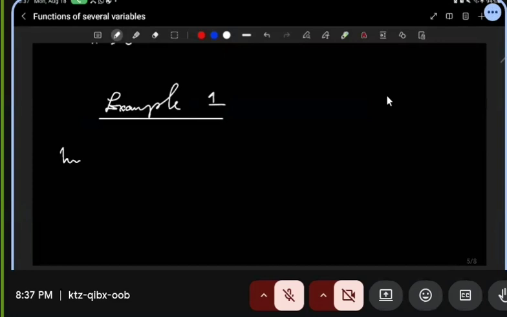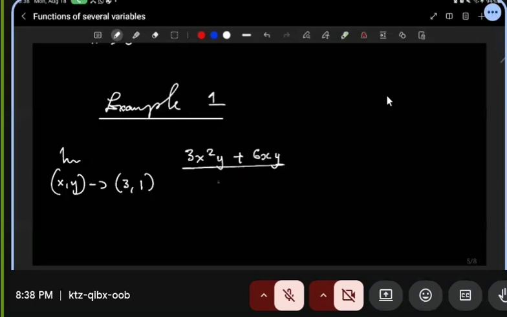So suppose you have the limit as x comma y approaches, we can go for maybe 3 comma 1, for a function 3x squared y plus 6xy over maybe 2x squared plus 5y.